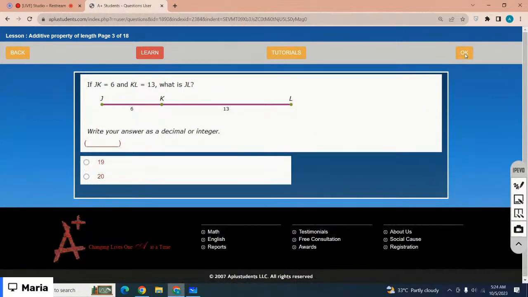Okay, the next one is if JK equals 6 and KL equals 13, what is JL?